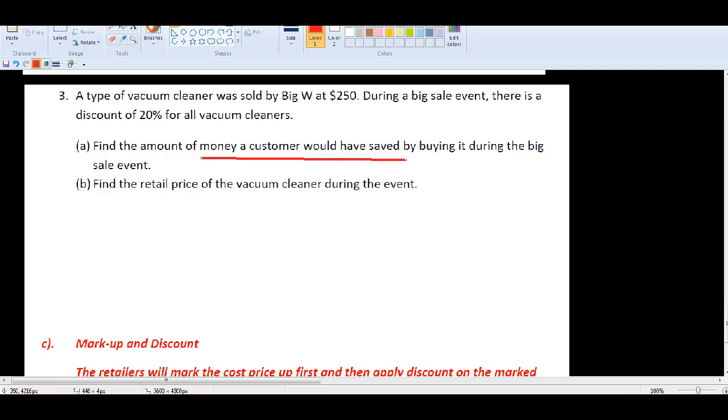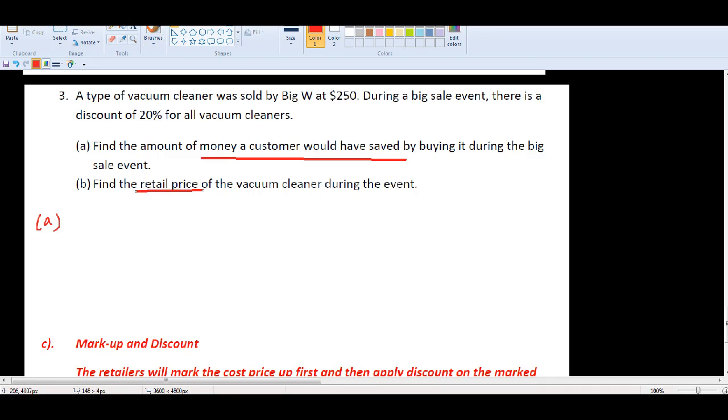It means that by buying during the big sale event, if you buy now, you will get the discount. So that will be the amount of money you are going to save, right? And for B, you are going to find the retail price during the event.